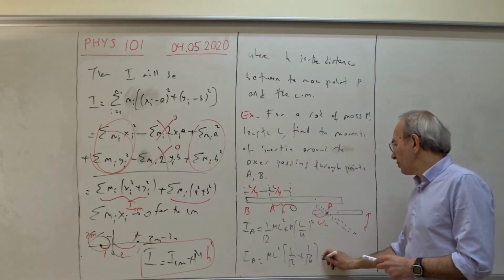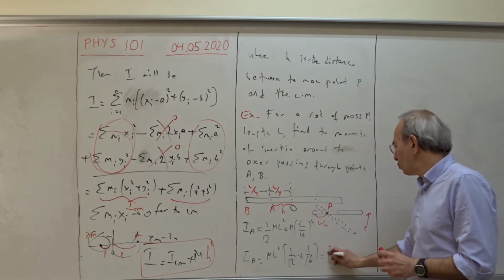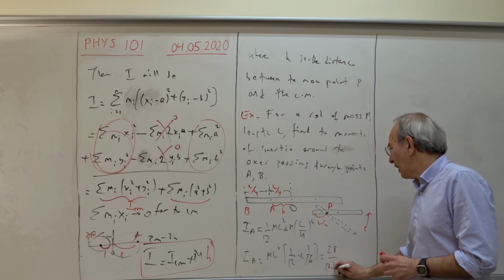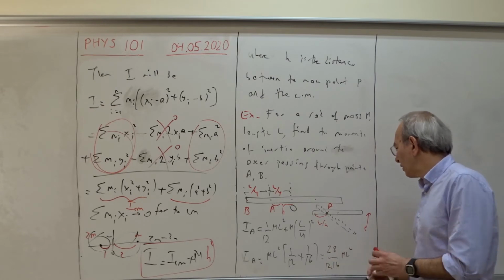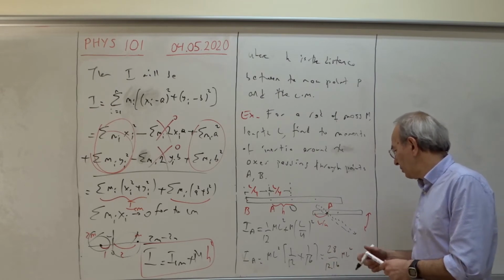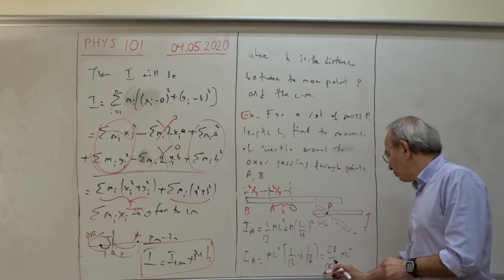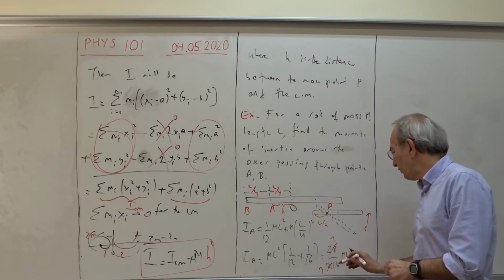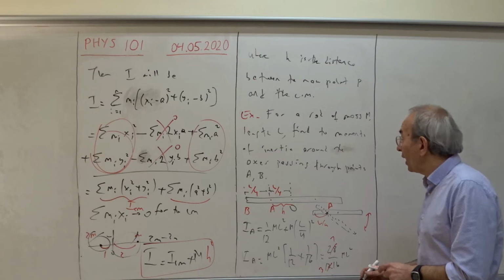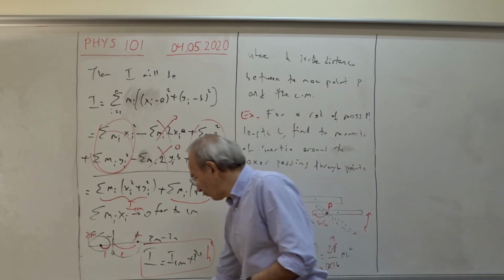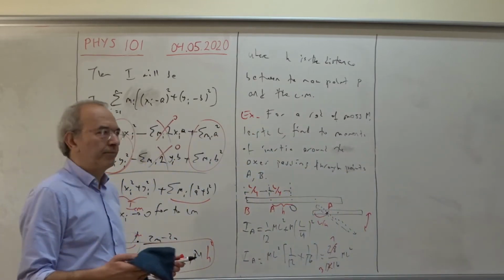So that it is 28/12 times 16 ml squared. If you cancel by 4, this will be 3, that will be 7/48. So I will be 7/48, almost 1/7.